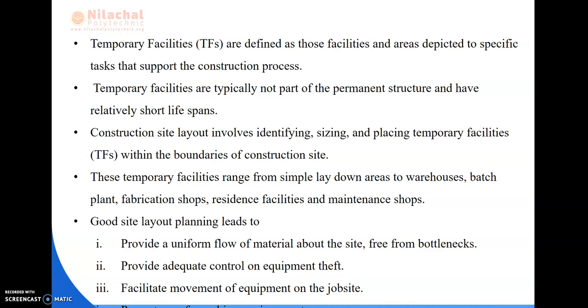These temporary facilities range from simple lay down areas to warehouses, batch plant, fabrication shops, residence facilities and maintenance shops. Good site layout planning provides a uniform flow of material about the site free from bottlenecks, provides adequate control on equipment, facilitates the movement of the equipment on the job site, and promotes a safe working environment.